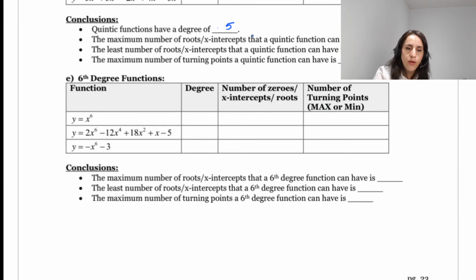The maximum number of roots degree 6 can have, based on what we talked about, is 6. The degree is even, so the minimum is 0. I can start from the top, go to the top, never hit the x-axis, and the maximum number of turning points is going to be 1 less.